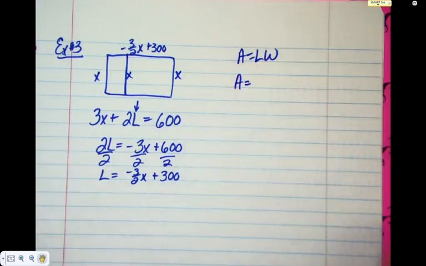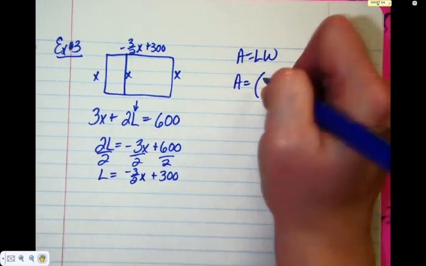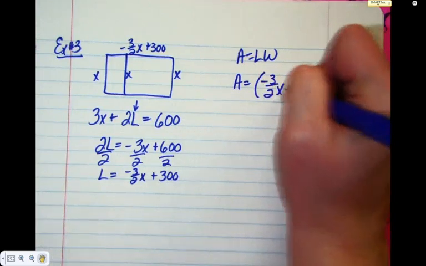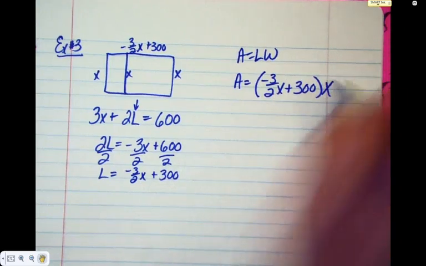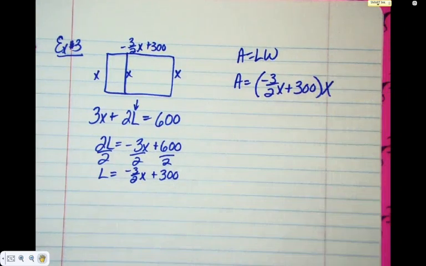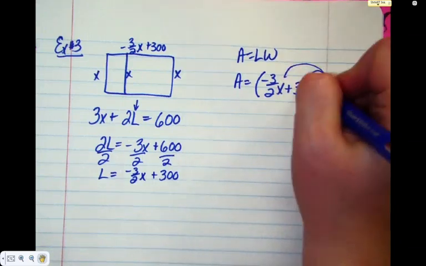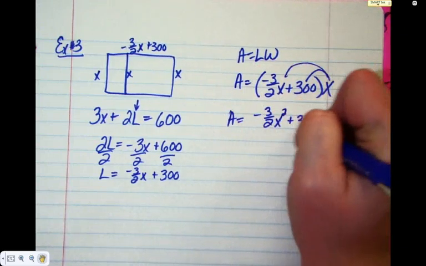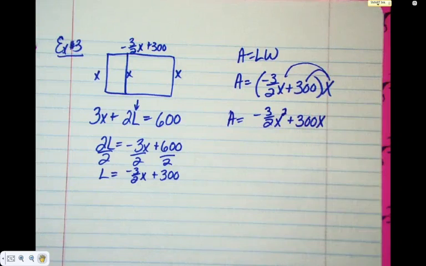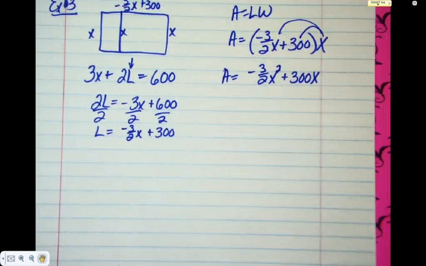What's our expression for the length? And our expression for the width? What did we do the last 2 examples at this part? Complete the square.